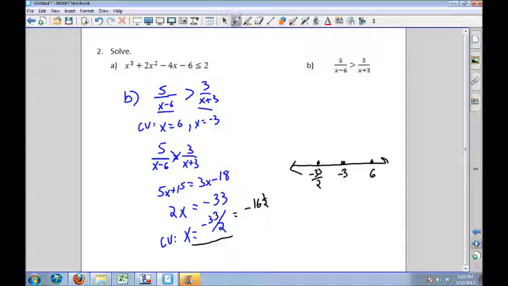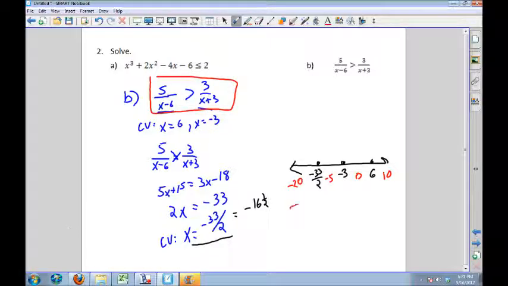Then I'm going to get some test points, throw in, say, negative 20, maybe negative 5, and 0, and maybe 10. These are just any points in the interval so that I can see what the behavior of this inequality is in those intervals. So, again, now I'm going to plug this into my original equation.